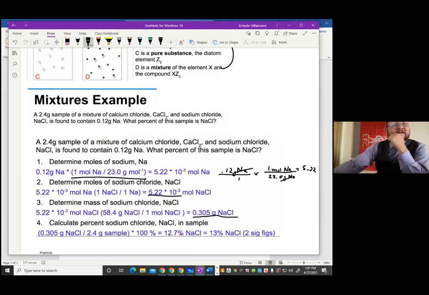If you calculate the percent, you end up at 12.7%, which is 13% sodium chloride, and that's what it's asking you. What is the percent of sodium chloride? Don't worry, we're going to do one just like this. I just want you to look over it first to see how it's done, and then we're going to do the example on our own.